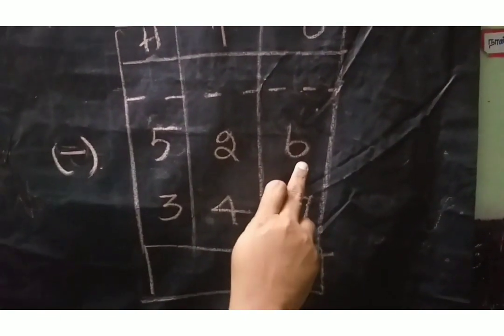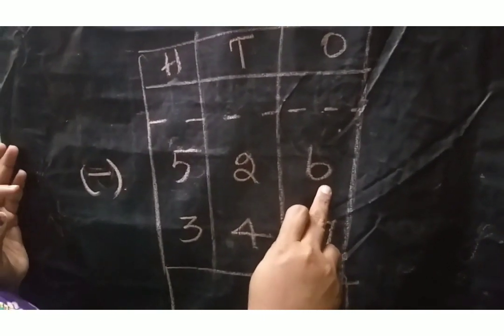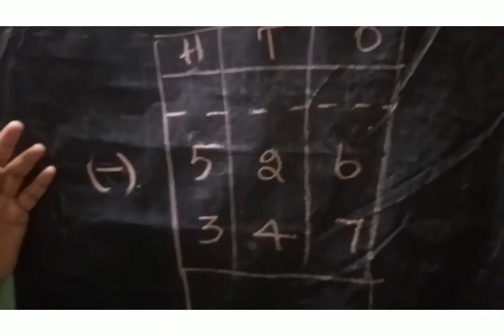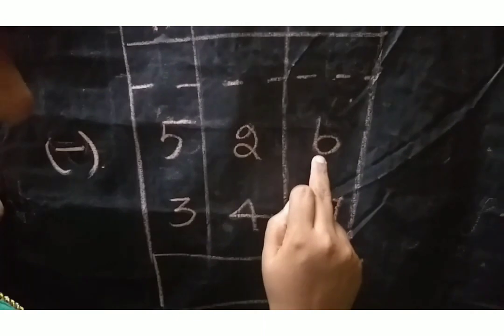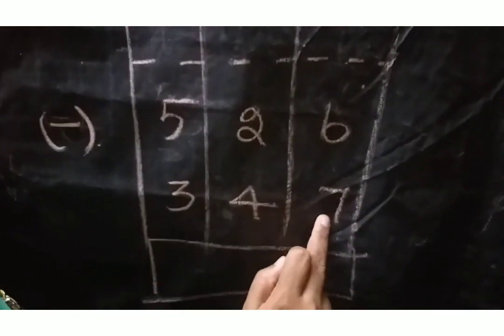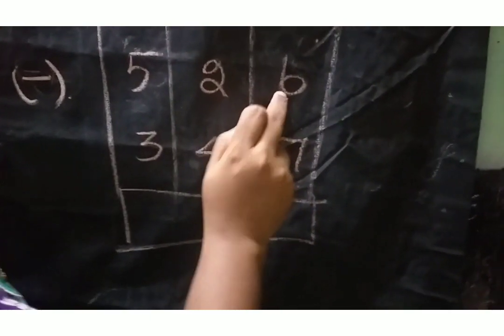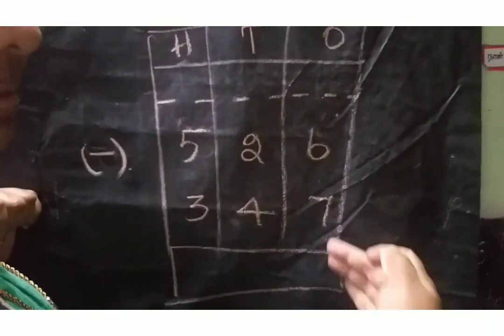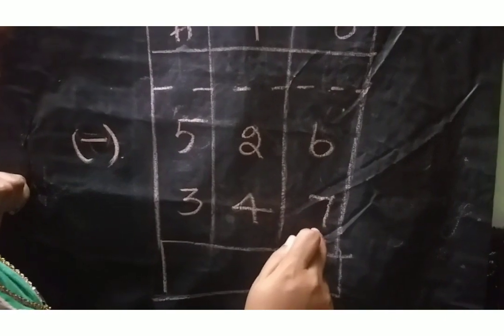So first you have to search where the greatest number is. Where is the greatest number? Here 6 is above and 7 is below. So is 6 the greatest number or 7 the greatest number? 7, isn't it? So 7 is below. So the greatest number is below, isn't it?